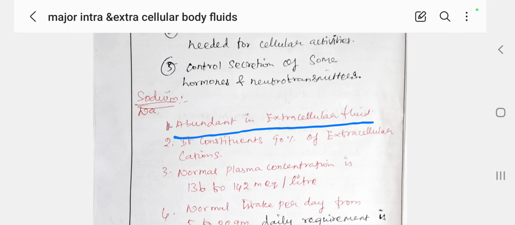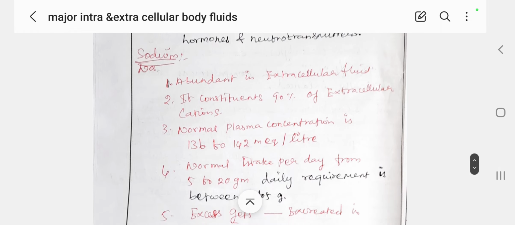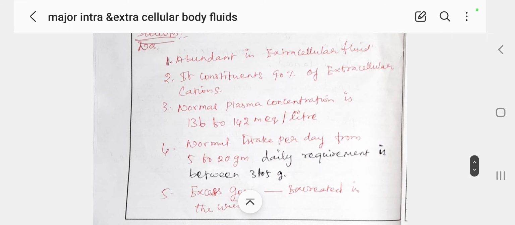It is abundant in the extracellular fluid. It constitutes 90% of the extracellular cations. So on the extracellular fluid, maximum ions, about 90%, are sodium. Next, what is the normal plasma concentration?